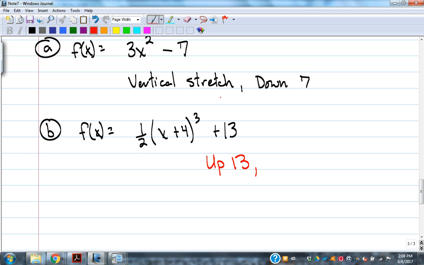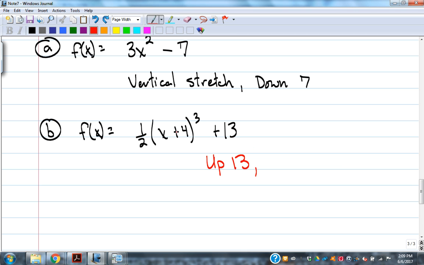The plus 4 on the inside is a horizontal translation because it's adding or subtracting on the inside. It's horizontal. Plus 4 is going to mean move which direction 4 units? Not up because it's on the inside. Not down because it's on the inside. Inside's going to be horizontal movement, left or right. Okay. The 13 is on the outside, so that's the up and down movement.